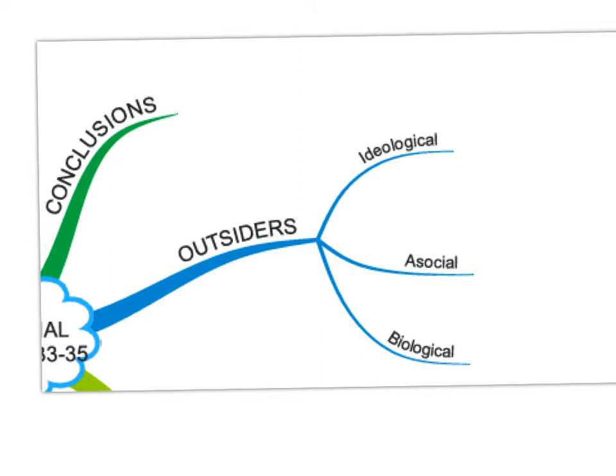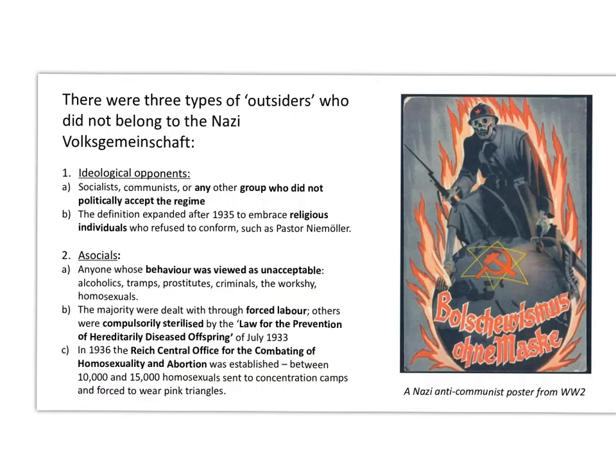But we also need to remember as historians that there were other groups targeted as outsiders. So let's go through this. There were three types of outsiders who did not belong to the Nazi racial community. The first were groups who were ideological opponents. That really did not include the Jews, or not directly anyway.